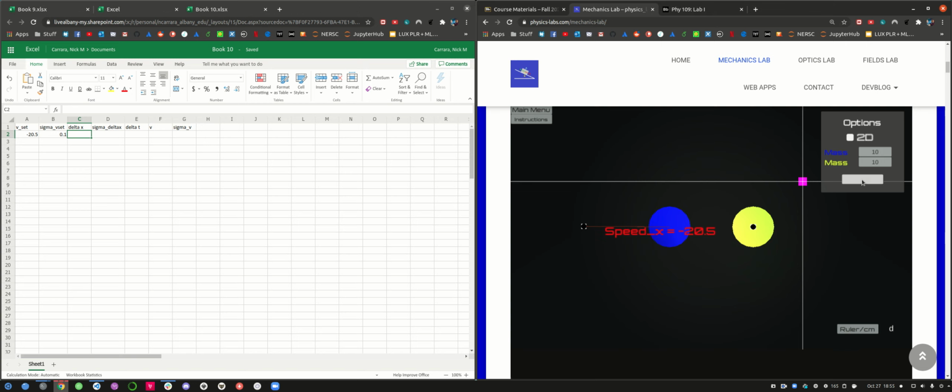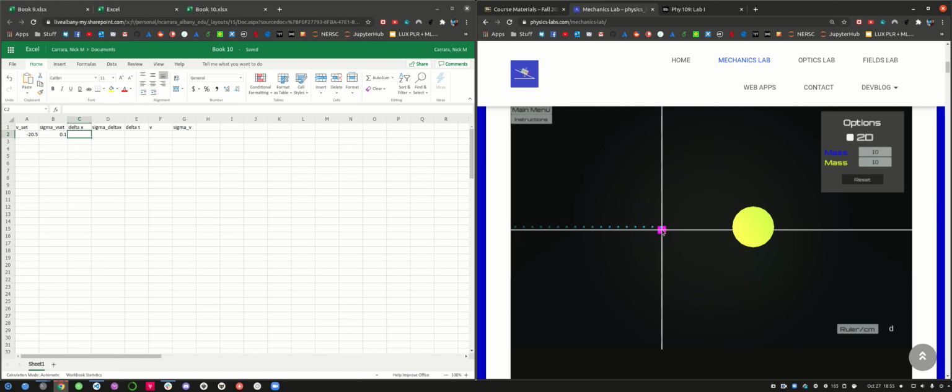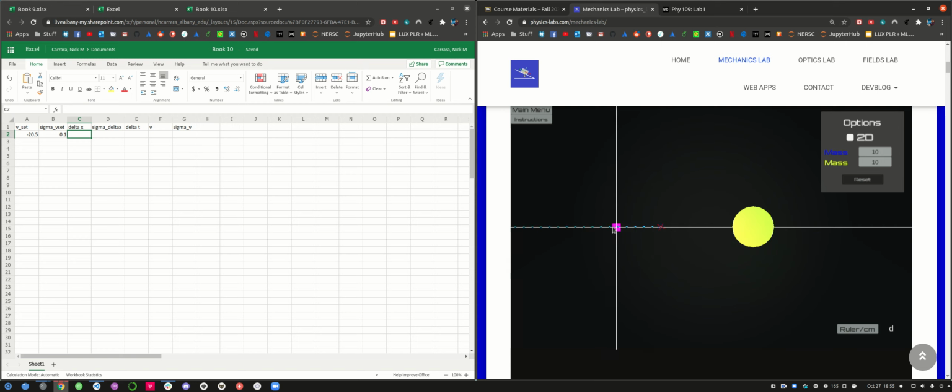And if I let this go, that's going to go off, hopefully at 20.5 in that direction. And so in order to test this, I'm going to pick a certain number of dots, say like this, 1, 2, 3, 4, 5, 6.